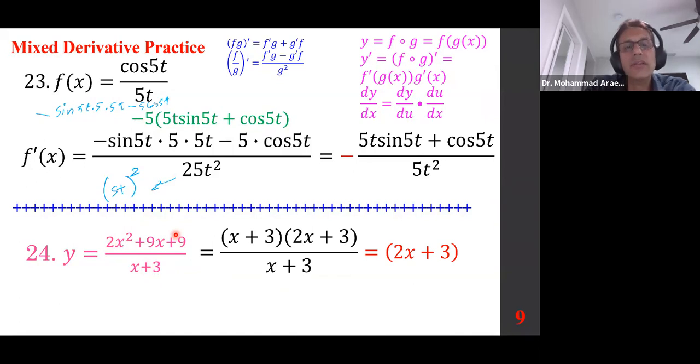If it doesn't have it, you have to go with the quotient rule. So x plus 3 cancels out. The answer is 2x plus 3, and the derivative is simply 2. It's that simple. So your algebraic technique can help a lot. It's all about algebra, everybody.